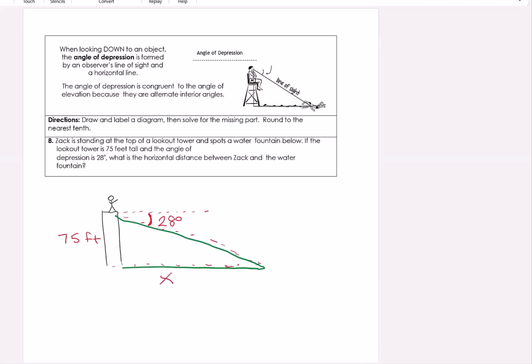That's X. And again, we can use either the transversal or we can use the fact that a triangle has 180 degrees to find out that this also is 28 degrees. Let's see what we have. Let's see what we need. We have the opposite. We have the adjacent.